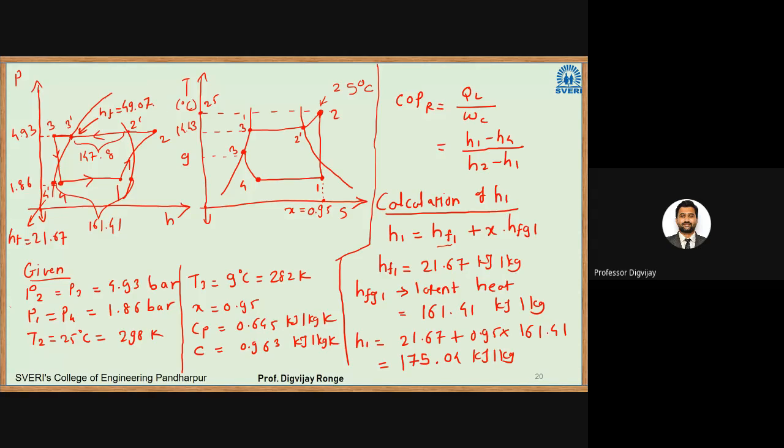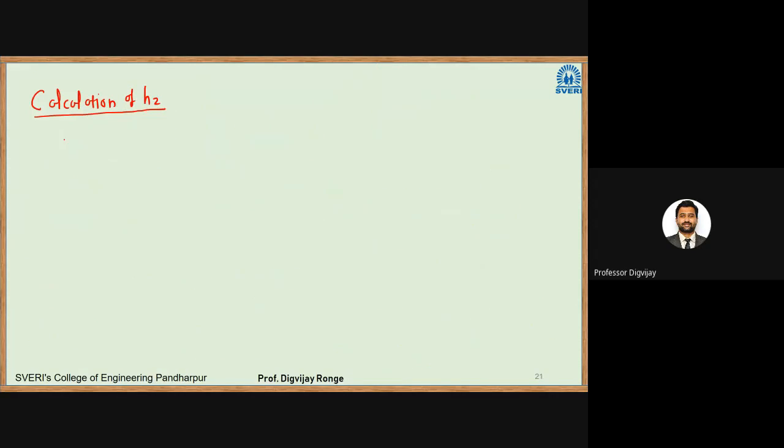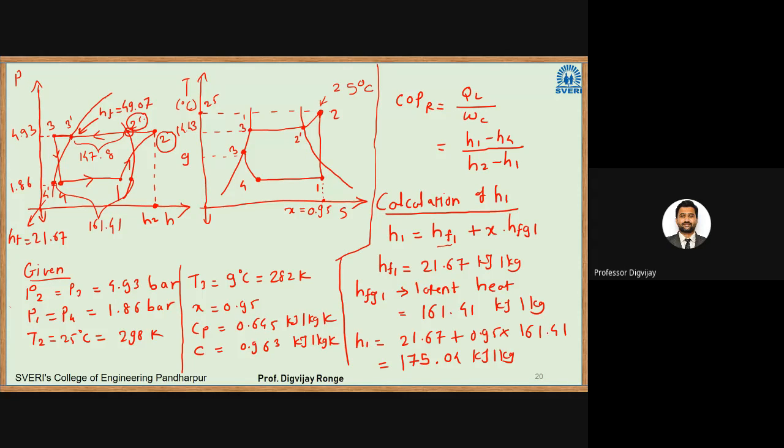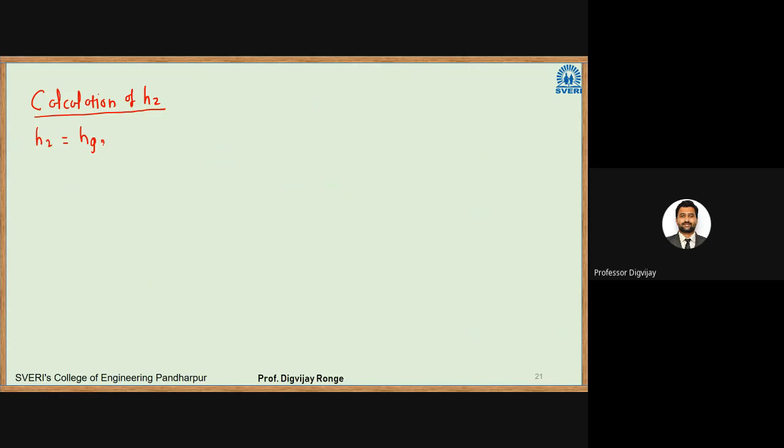We have to find the enthalpy at this point. H2 is the enthalpy at point 2, and point 2 is in the superheated region. To find its enthalpy, we first need to know the enthalpy at point 2 dash plus Cp delta T. So enthalpy at point 2, H2, will be equal to H2 dash. The 2 dash point lies on the saturated vapor curve. So I will write this as Hg2 dash plus Cp delta T. Delta T will be what? T2 minus T2 dash.